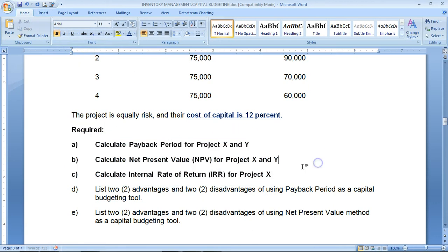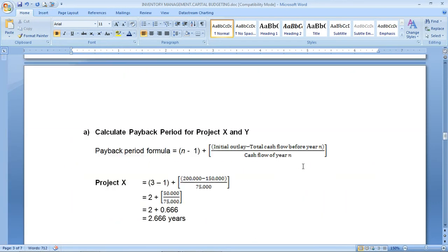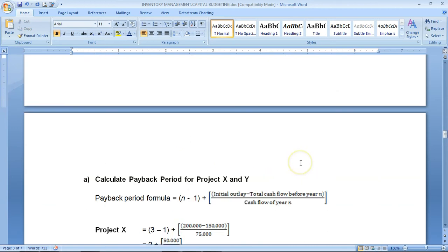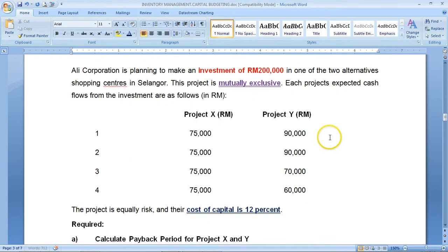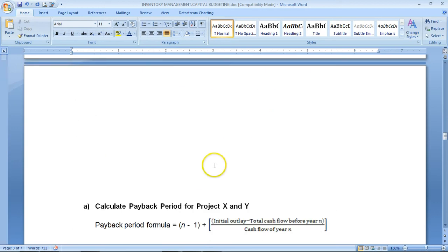Okay, so first question. Do you see this payback period? The formula is: N minus 1, plus initial outlay minus total cash flow before year N, divided by cash flow of year N. I need the tables. Why, class, do you need this table? As you can see, project X and project Y. What is N, class?